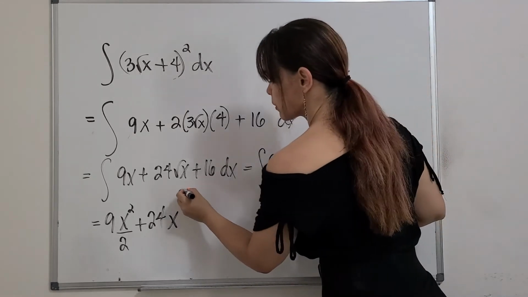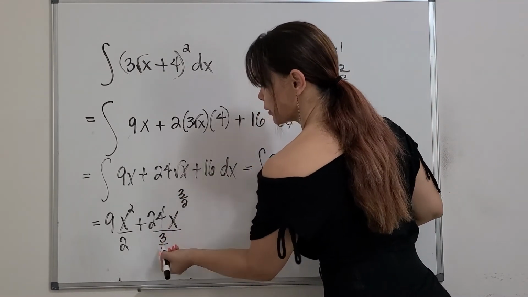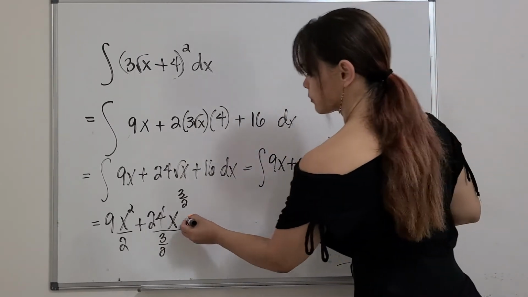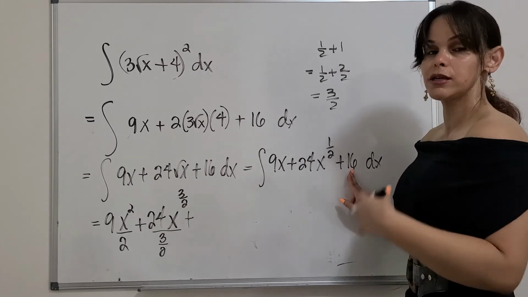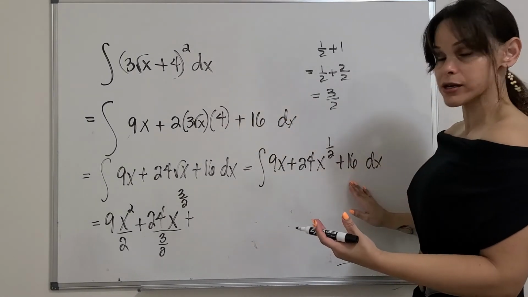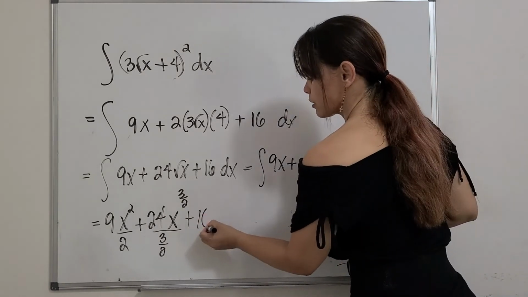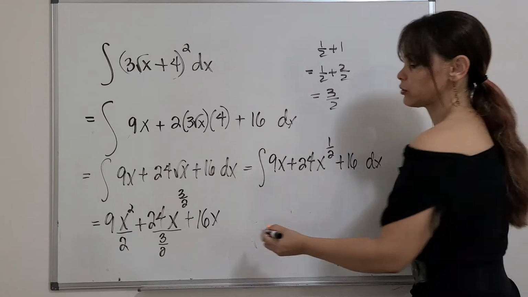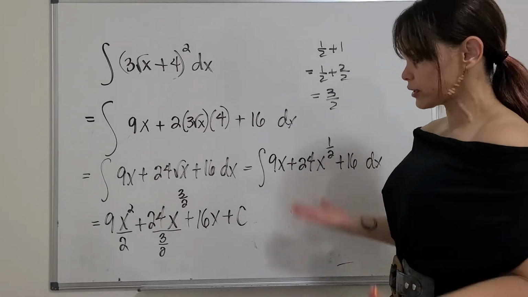Okay, so this is to the power 3/2 divided by 3/2. Remember that it's the same number here, plus, and the antiderivative of 16. Remember that when you have a constant, it's the constant times the variable. Okay, so since the variable here is x, the antiderivative is going to be 16x. And since it is an indefinite integral, we're going to put the plus c representing all the constants of all the antiderivatives.